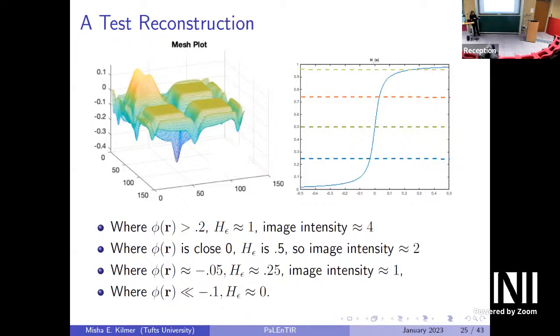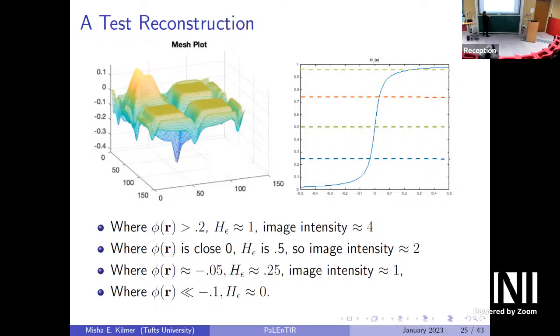So if I look at how I chose the Heaviside approximation here, the H epsilon, this is the graph of an H epsilon. I should have put vertical lines in here, it probably would have been easier to read. But here's point 2. I draw a vertical line up here.